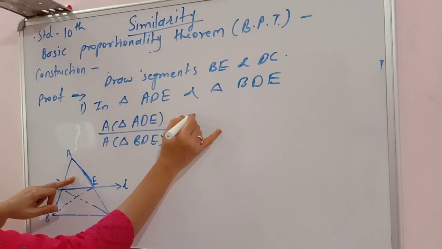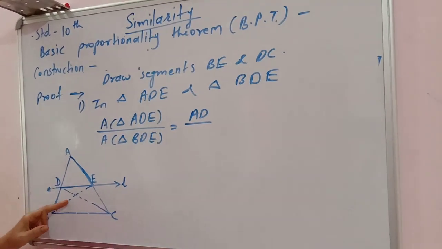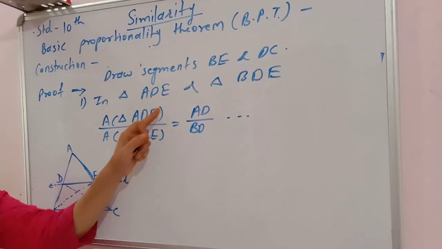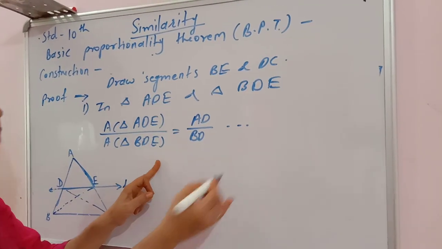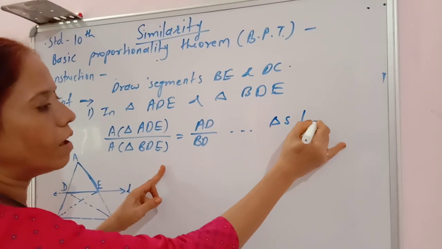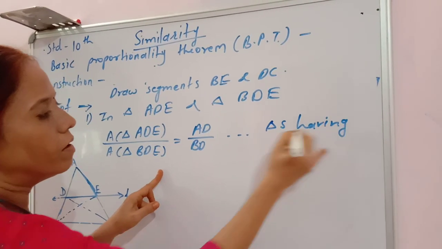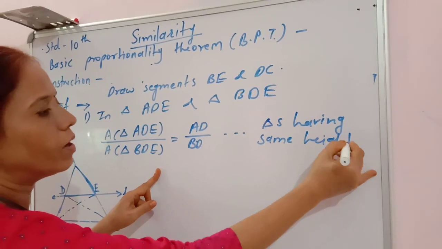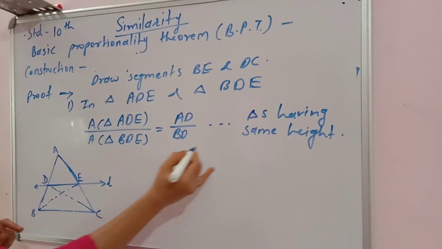Base of this triangle is AD, base of this triangle is BD. What is the reason of this? Because these two triangles have equal height. Triangles having same height. This is one.